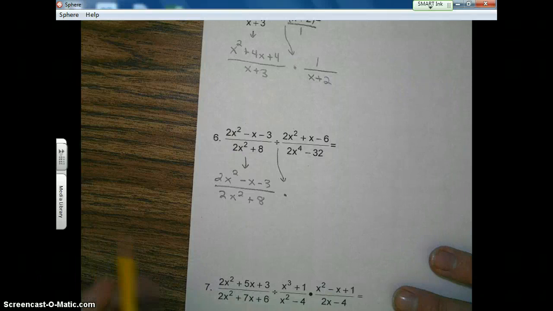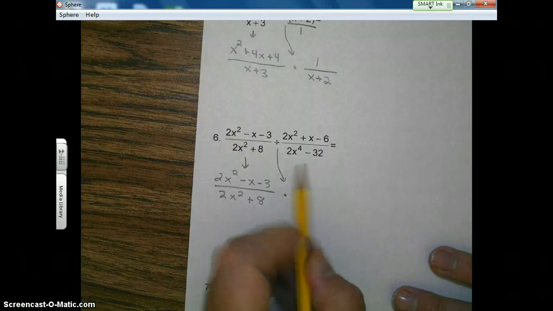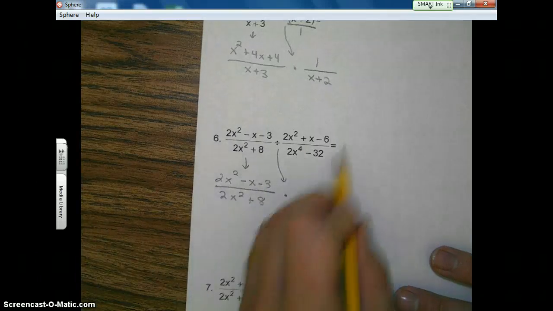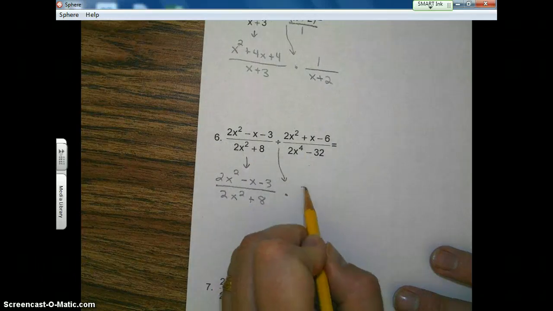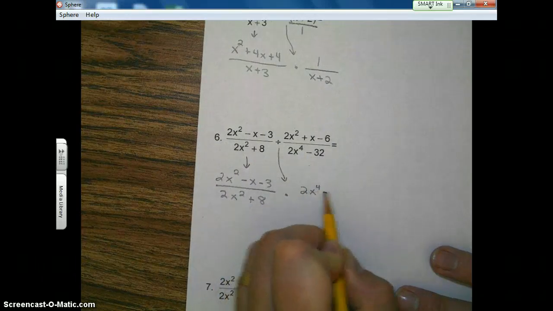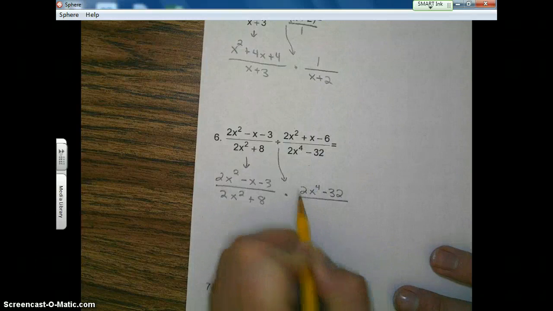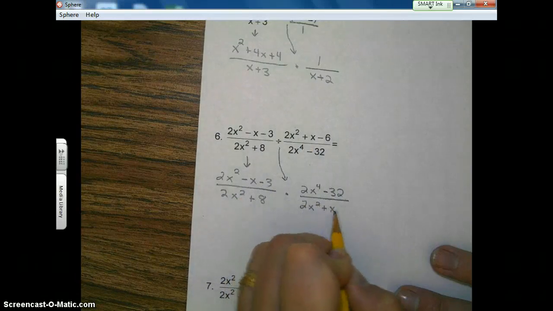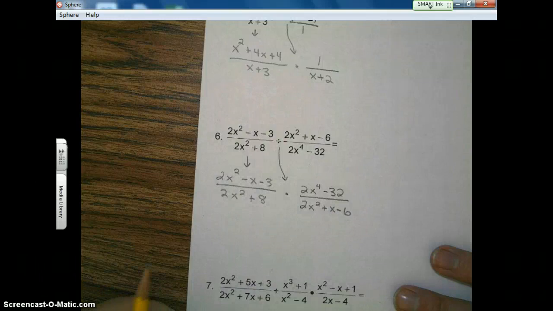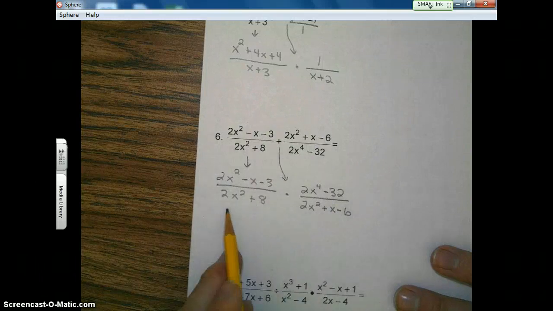What's the third thing that we do? Reciprocal. Okay, denominator becomes the numerator. Numerator becomes the denominator. Okay, then we would factor, cancel, get our answer.